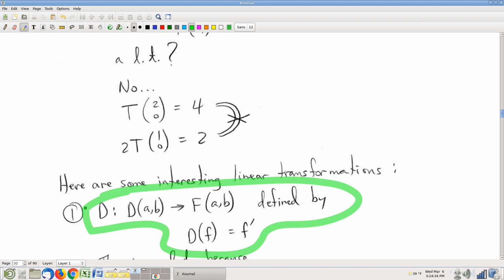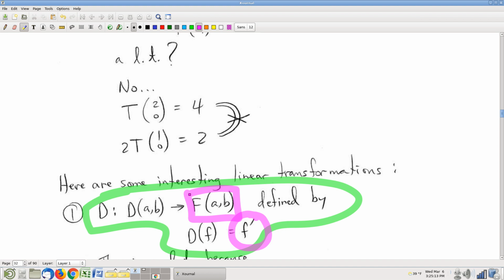Now, when I was young, and a lot of students at the same stage that I was, are uncomfortable with the suggestion that derivatives are linear. Because you think back to Calc 1 and you think, no, they aren't. The derivative of sine x is cosine x. Cosine x is clearly not linear. So what gives here? Let me clarify. I am not asserting that this function sitting inside of that vector space is linear.